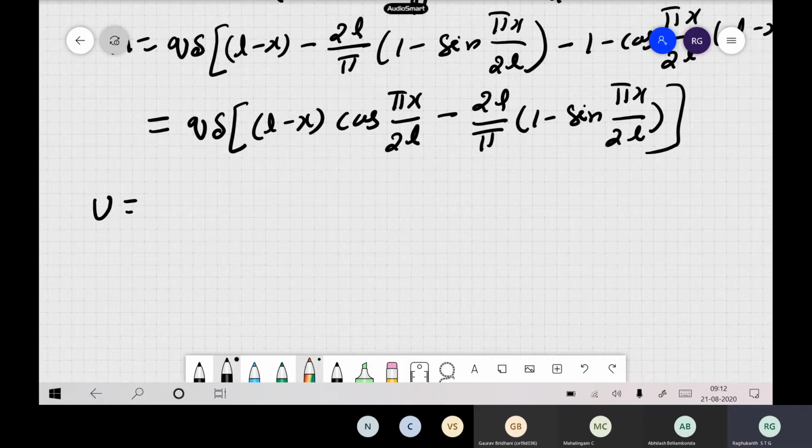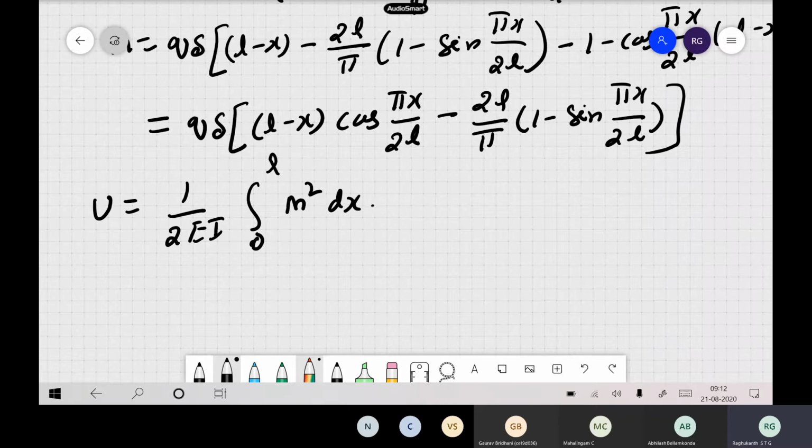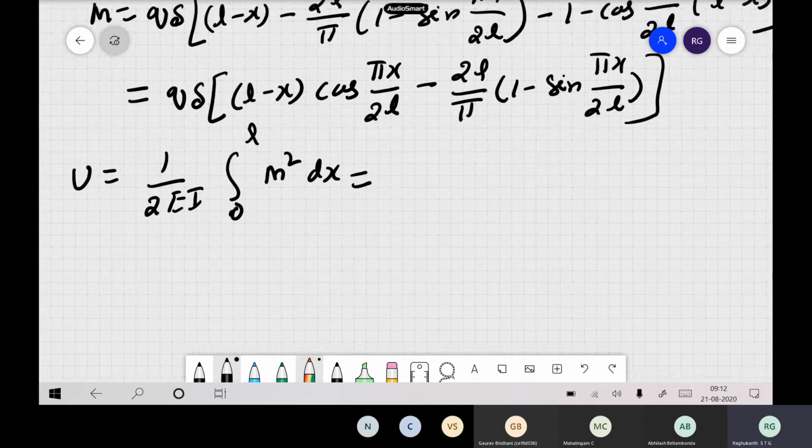So now you calculate this energy. 1 by 2 EI, the bending energy, integral 0 to L of M square dx actually. Now you have to do a little bit of algebra. You have to square this function and then find the integral. A little bit of algebra is required, but in MATLAB or Maple, where you have symbolic computation tools, you can do it very easily.